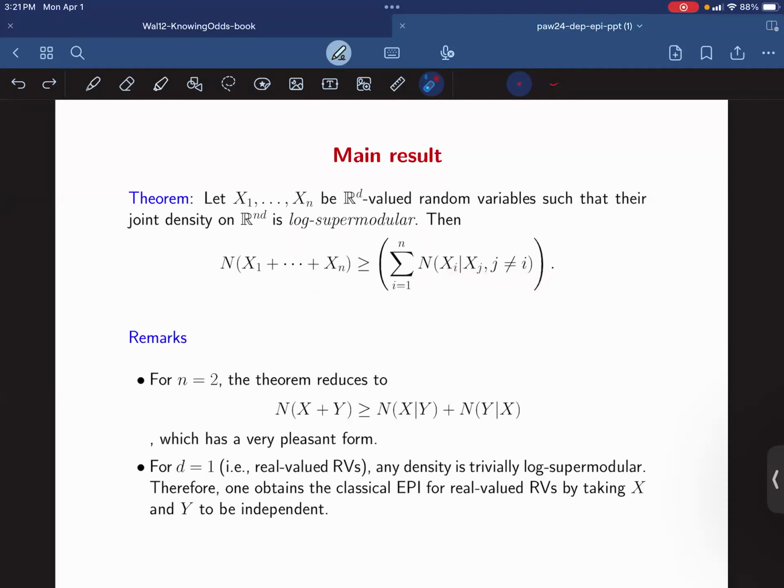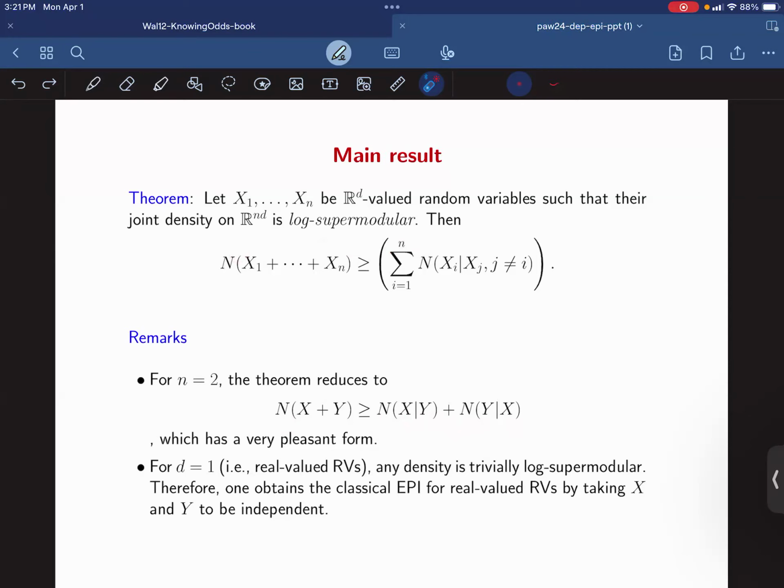So for n equals 2, for example, when you just have two random variables, this theorem reduces to exactly what we said before: the entropy power of x plus y is greater than or equal to the conditional entropy power of x given y plus the conditional entropy power of y given x. And the only assumption here is that the joint density is log supermodular.